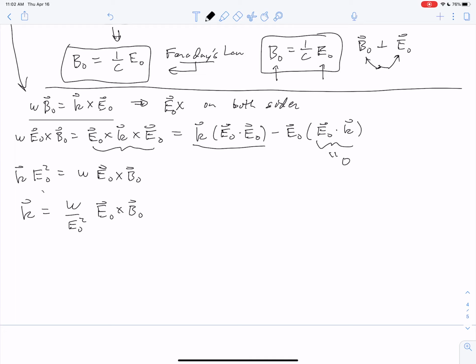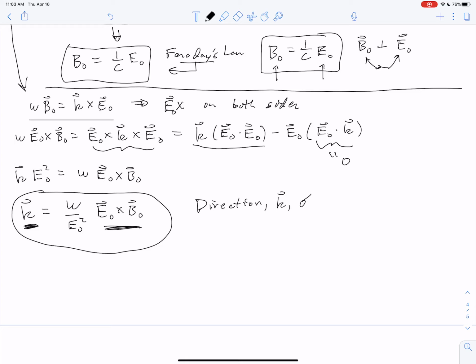And this is a very famous relationship, which I really like because this gives you a nice sense of the direction. So the direction K of an electromagnetic plane wave always points parallel to E cross B, or E naught cross B naught.